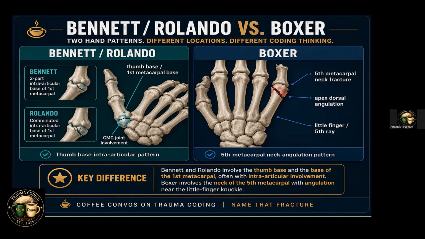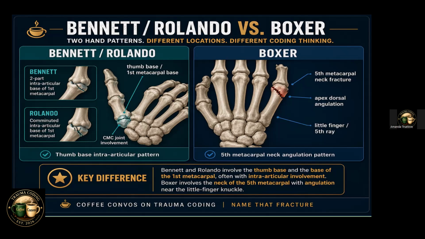So both include the first metacarpal base with Bennett and Rolando, but complexity and that pattern of the injury is what is going to be essential, because Rolando will have that comminution. And then, of course, your boxer is different. So we moved from our first metacarpal all the way over to our fifth, and now we're moving from the base to the neck. Okay. And don't forget to look and see if you have any dorsal or some sort of angulation or dislocation.